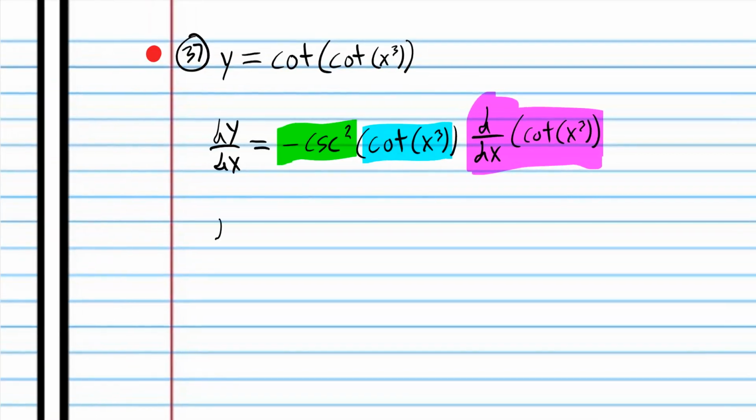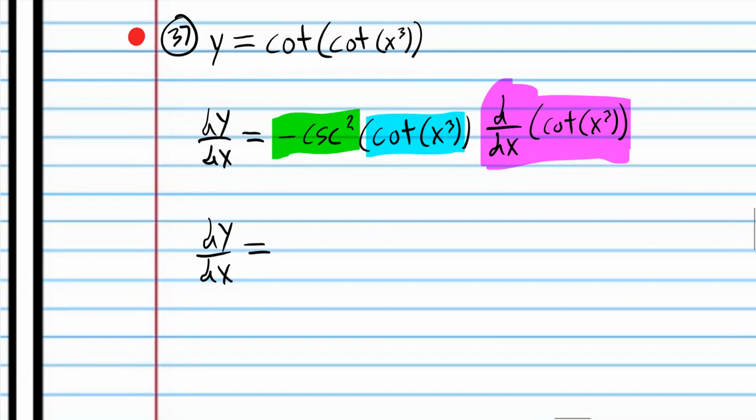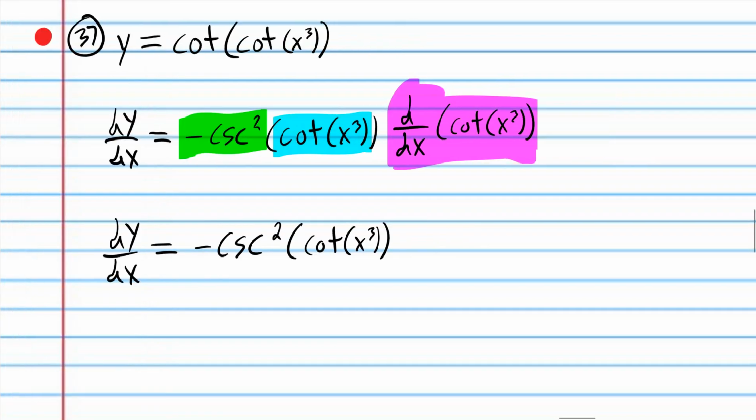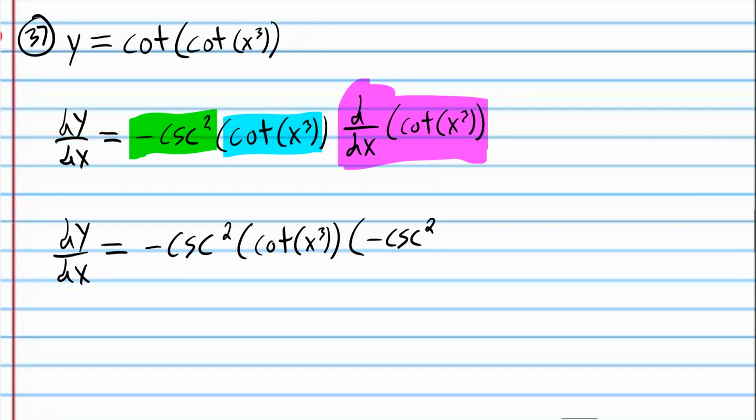Okay. So I'm going to rewrite this part. And then the derivative of cotangent x cubed is negative cosecant squared x cubed.